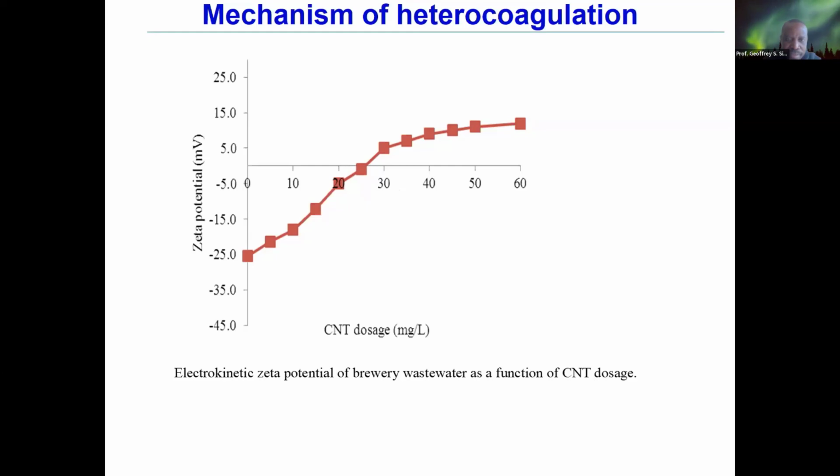But within that pH, the water was still having negatively charged materials with a zeta potential of -25 millivolts. And then in order to test what mechanism was used for coagulation, we increased the dosages of carbon nanomaterials, and as we increased the carbon nanomaterial dosage, what you see is there was an increase in the zeta potential.